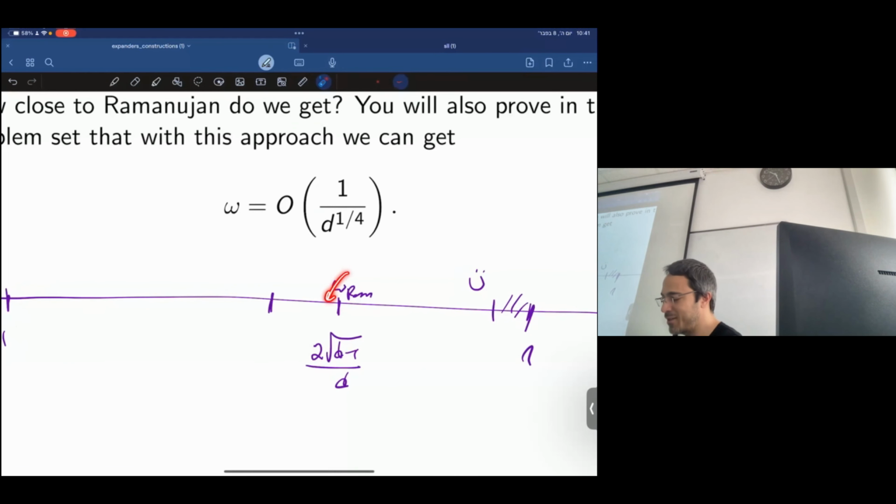Asymptotically, you can go slightly below when the graphs are small, but asymptotically that's roughly like 1 over, maybe 2, I don't care, over square root of d. And this construction will get you here, 1 over d to the 1/4. Which is good, it's great, but it's not optimal.